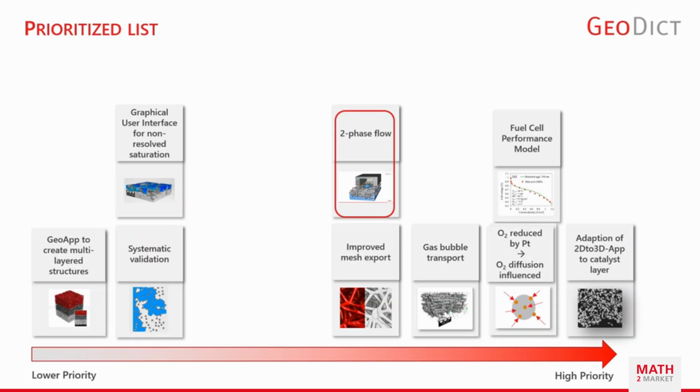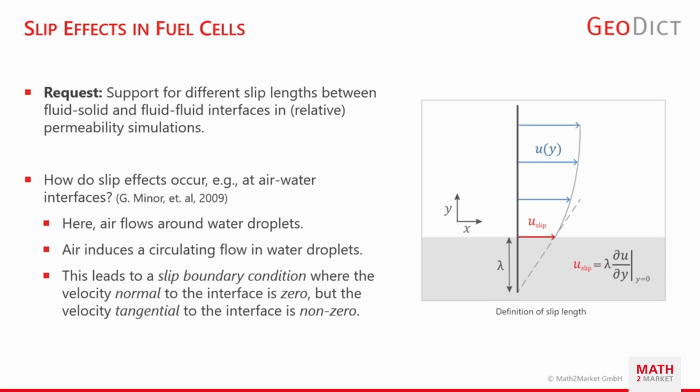So the first feature request I want to talk about is two-phase flow. The request was to have two-phase flow simulation to compute relative permeability, but with a different slip length for the flow simulation. To give a short overview of what slip flow is about: on the right side, you see a velocity profile.